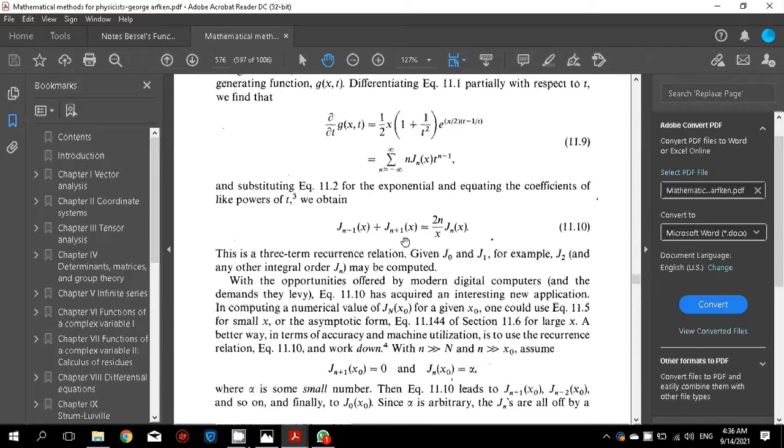Starting from J_1 and J_2 you can find J_3, and then from J_2 and J_3 you can find J_4, and then J_3 and J_4 will give you J_5, etc. So starting from the basic two Bessel's functions, say J_0 and J_1, you can calculate all the other Bessel's functions using this equation. That's why this equation is known as the recurrence relation.